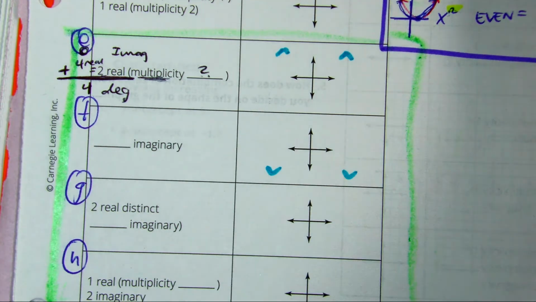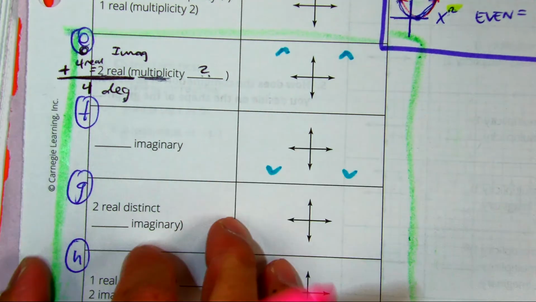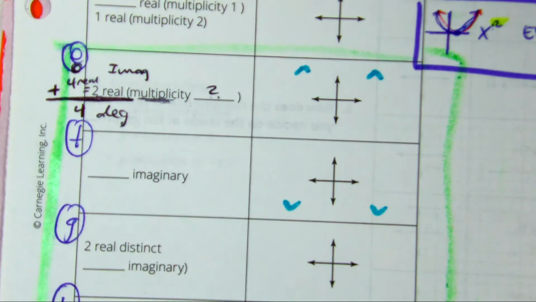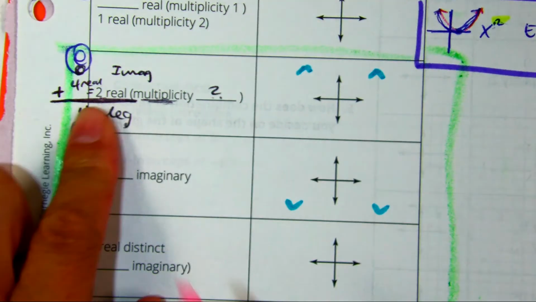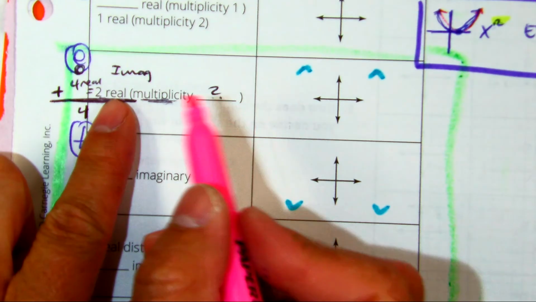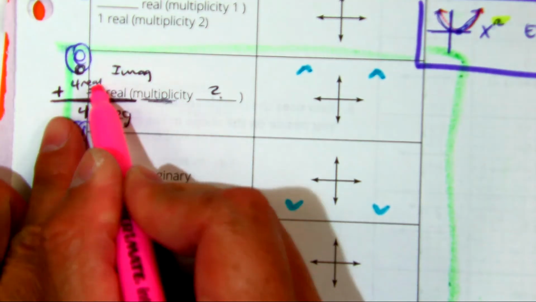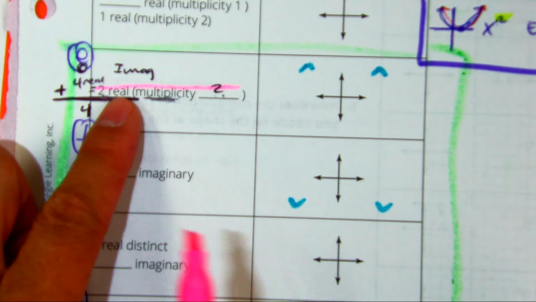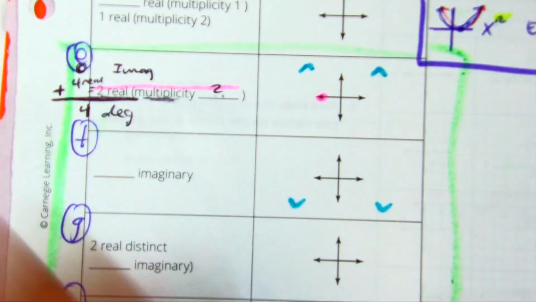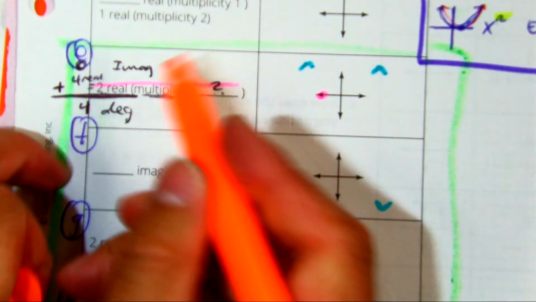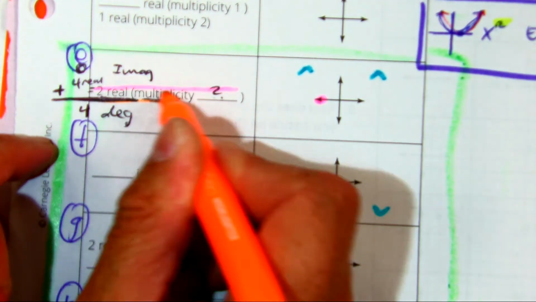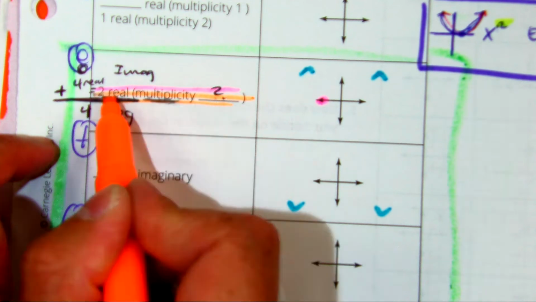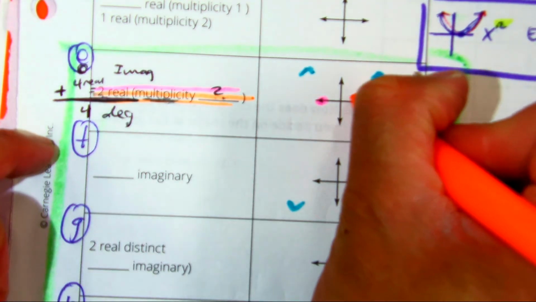Okay, the next thing is the number of reals that's stated here tells you how many dots or colors. So 2 reals means I'm going to have 2 colored dots. I'll use pink and I'm going to use orange. The number of reals tells you how many dots on the x-axis.